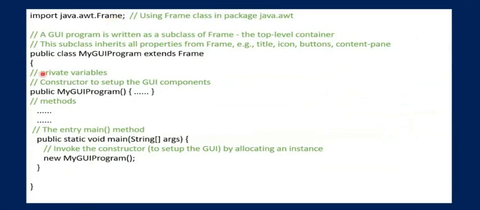Okay? Then declare ta og main class, and then atong program sa sulod, and then mga methods and functions itong gamiton diri. And then the entry main method to invoke the constructor to set up the GUI.